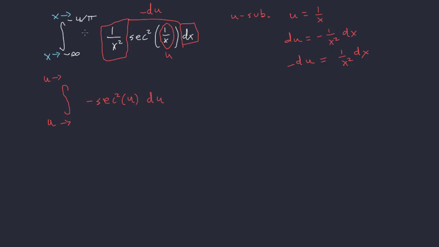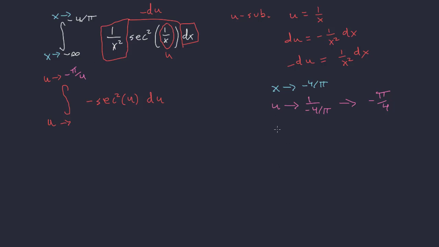Now to find our new limits, if x is going to negative 4 over pi, well, that means our u, which is 1 over x, goes to 1 over negative 4 over pi, which will be negative pi over 4. That looks like a much nicer limit to deal with. Now I'm just going to put it in the same spot as this one, because we're transforming everything in the same space.